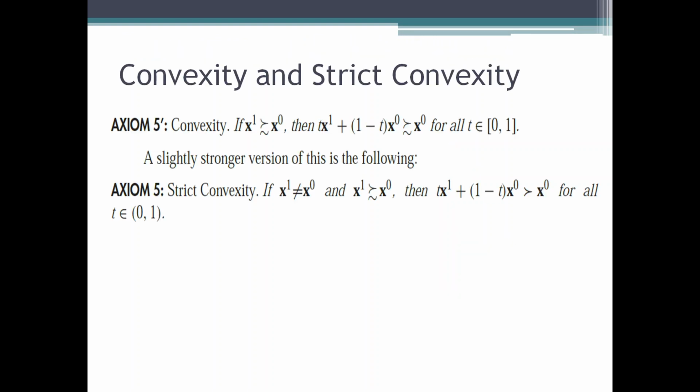Let's try to understand them. Sorry, let's go back to our previous slide. Let's read axiom 5 prime, convexity. If x1 is at least as preferred as x naught, then t x1 plus (1 minus t) x naught. What does this mean?